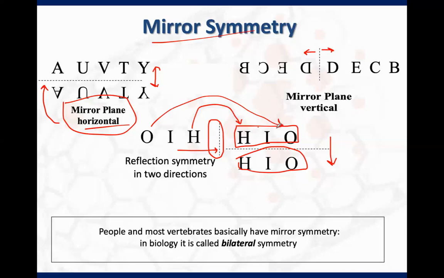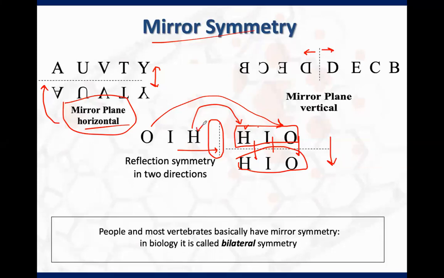Again, in some cases, even though you put the mirror, you still see the same order of the elements, for example H, I, O. The elements are in the same order. But in the previous case, elements are in the opposite order. H is first here, but in the original object, H is last.